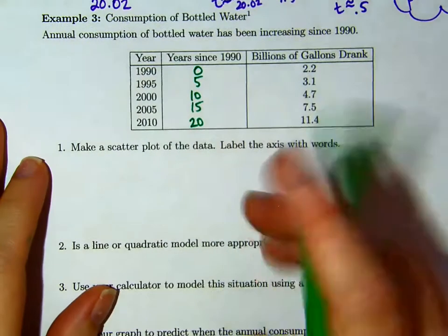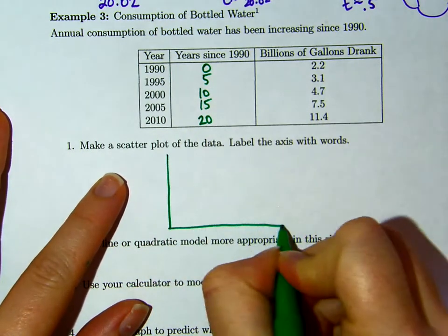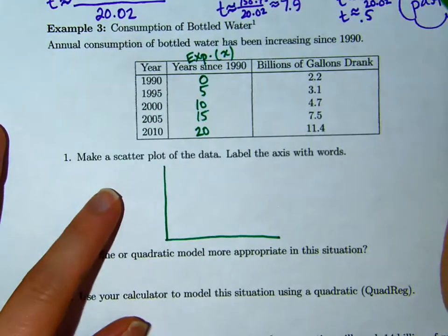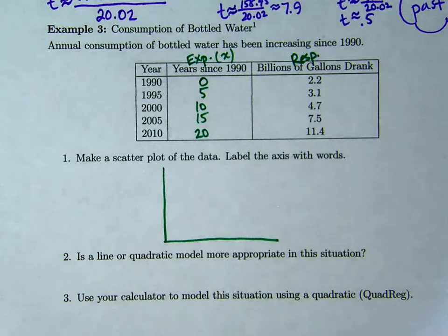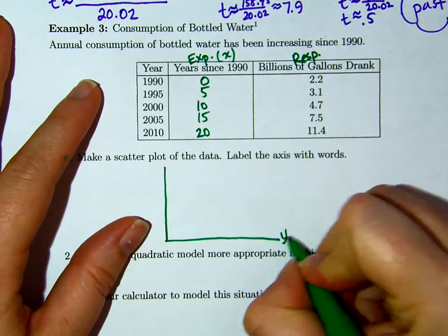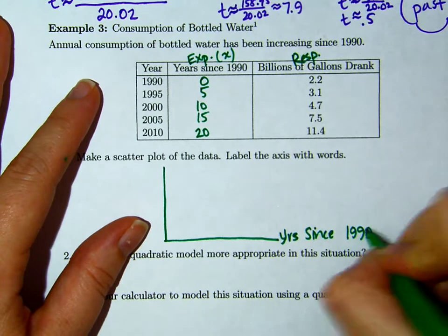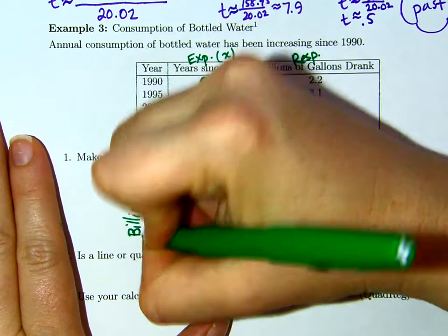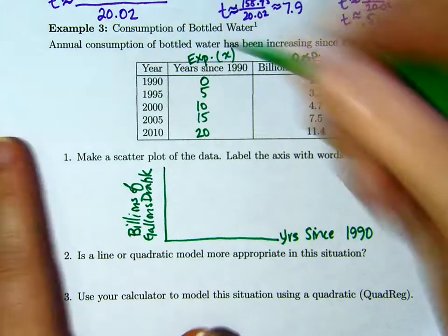Make a scatter plot, label the axis. Always do. I believe that year is the explanatory variable, and I believe the billions of gallons of bottled water drank is the response variable. So this is years since 1990, billions of gallons drank of bottled water.